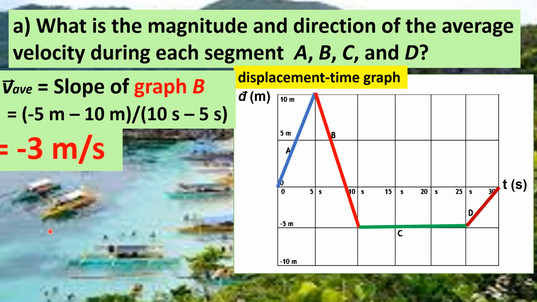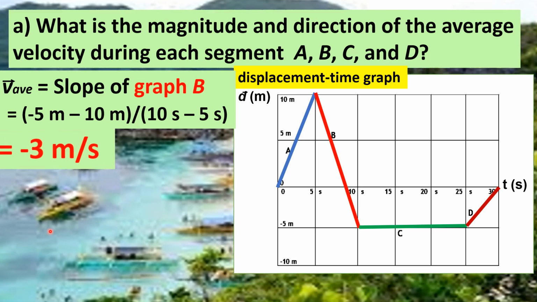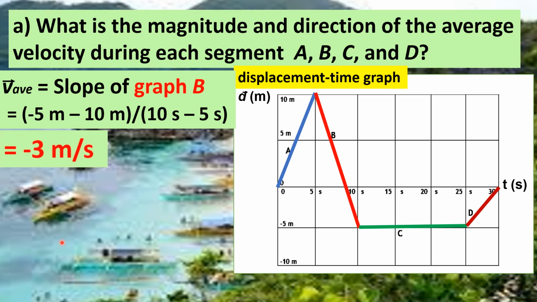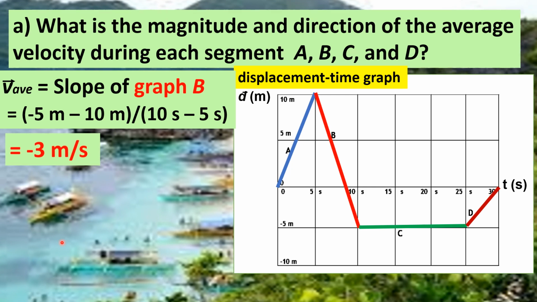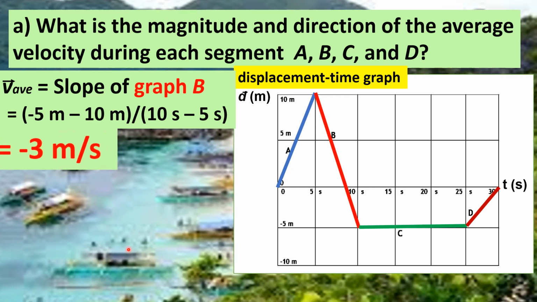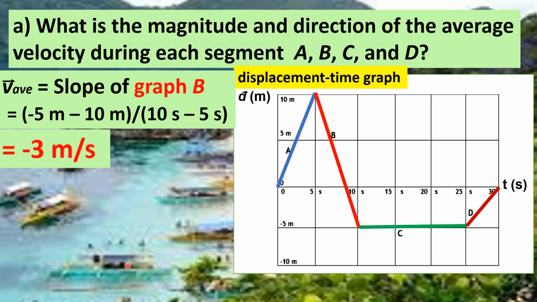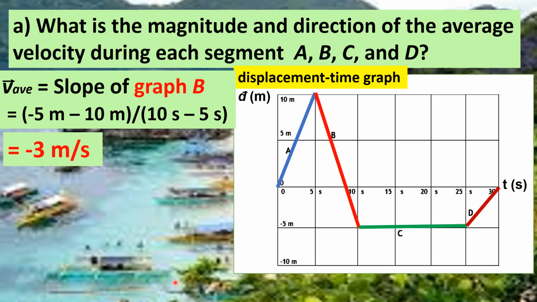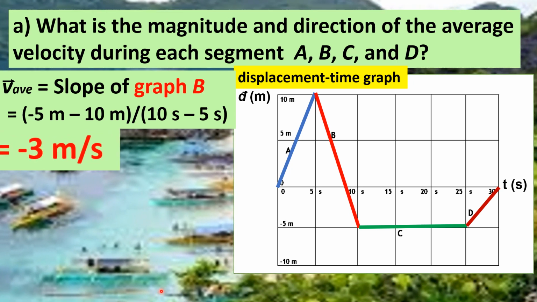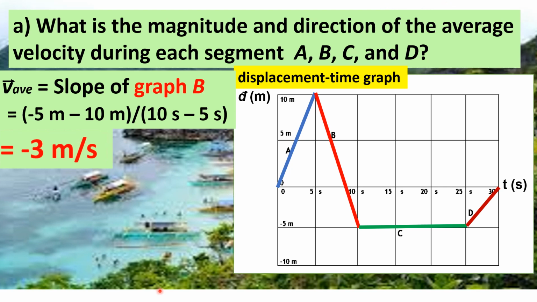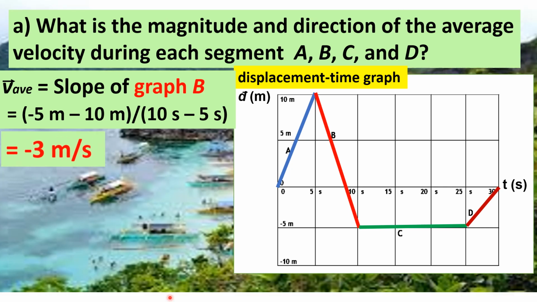Next, for graph line C. During the next 15 seconds, or from t equals 10 seconds to 25 seconds, we see that the graph line represented by segment C is a straight horizontal graph line.